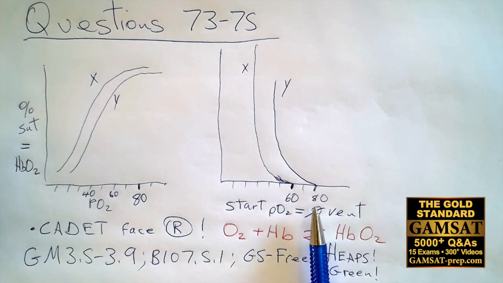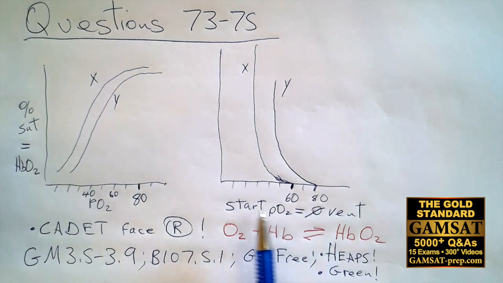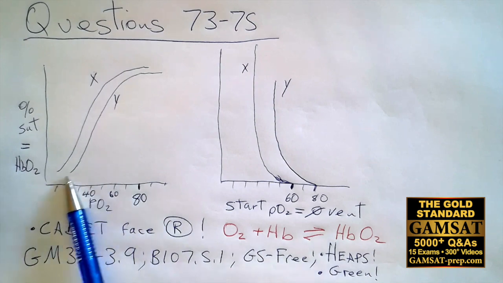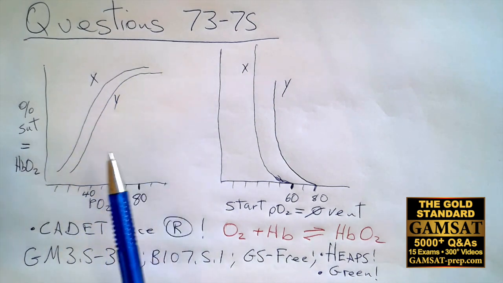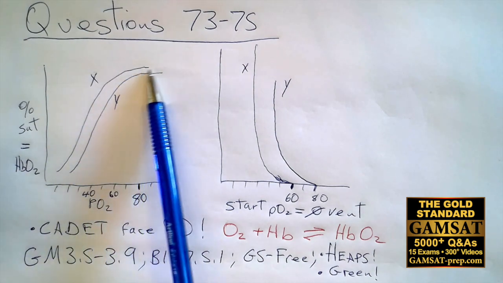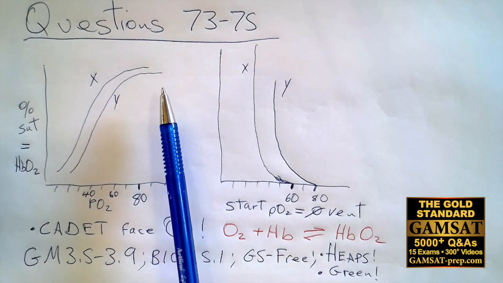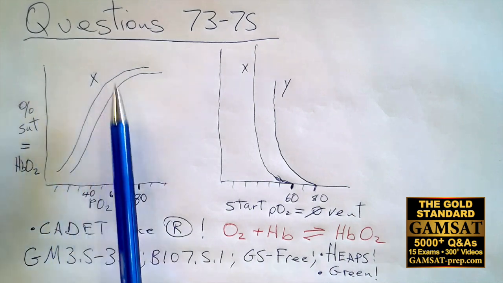So now we're going to look at those points for the two curves in figure 1 because that's what the question stem says. Look for these two points in the two curves in figure 1. So we look at 60 and 80 and we notice that these are the points where they start to flatten at the top. So this is when the saturation comes to the point near maximum, as we can see according to the graph.